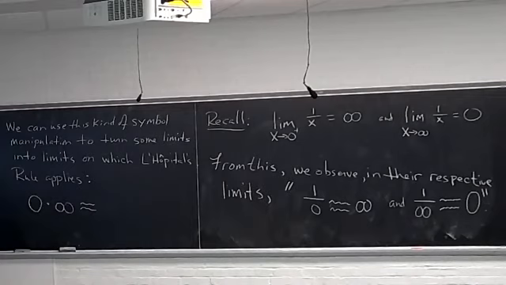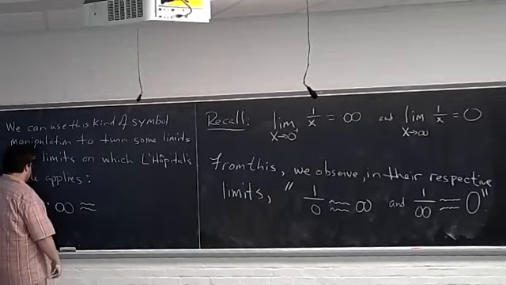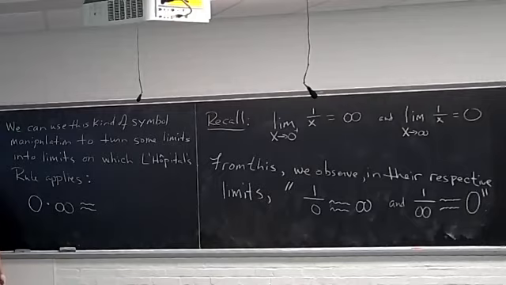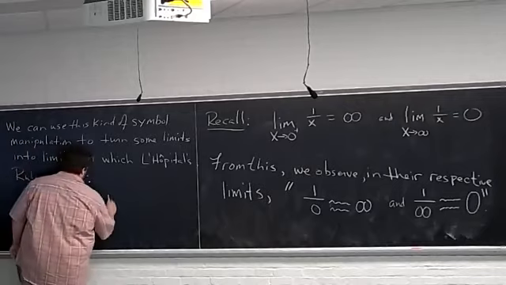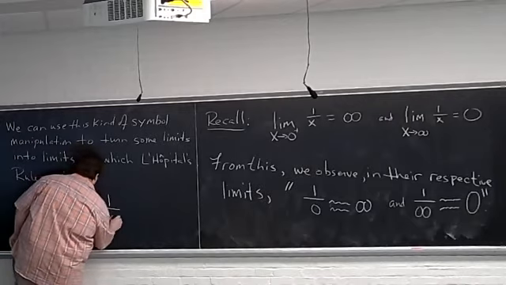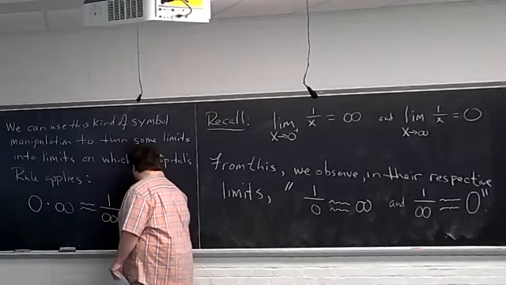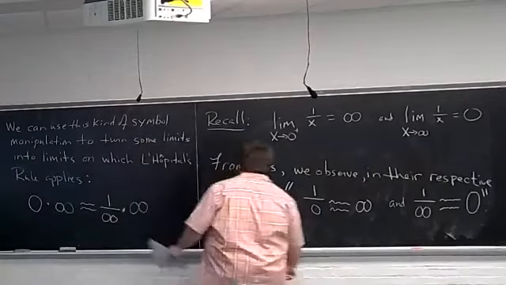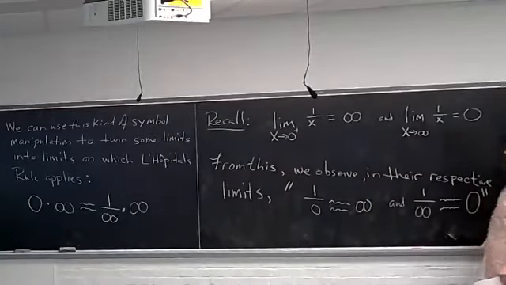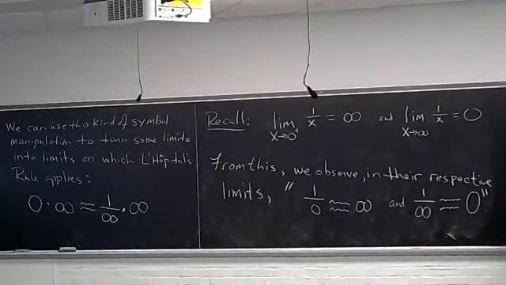But what we can do is use either the first or the second observation over there and put one of these in a denominator. Which one do I want to put in the denominator? Let's use the second one. The 0 behaves in the limit like 1 over infinity, meaning let's put the 0 term in the denominator by observing in the limit that 0 behaves like a 1 over infinity.